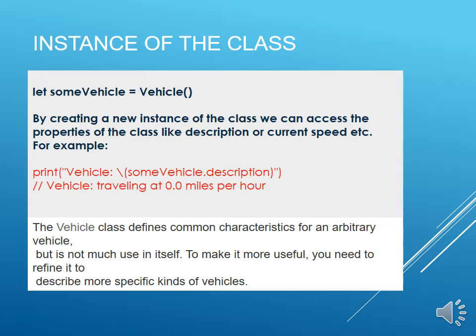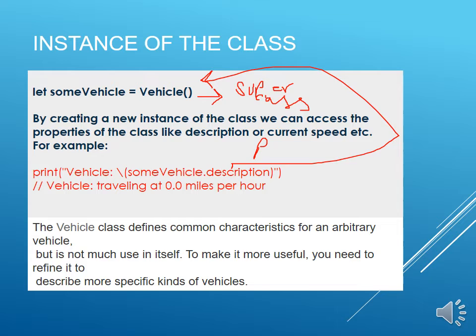Like this, we will write print someVehicle.description. This description is coming from our class Vehicle. This is our superclass, and this description is a property of our superclass, and this is our object, someVehicle.